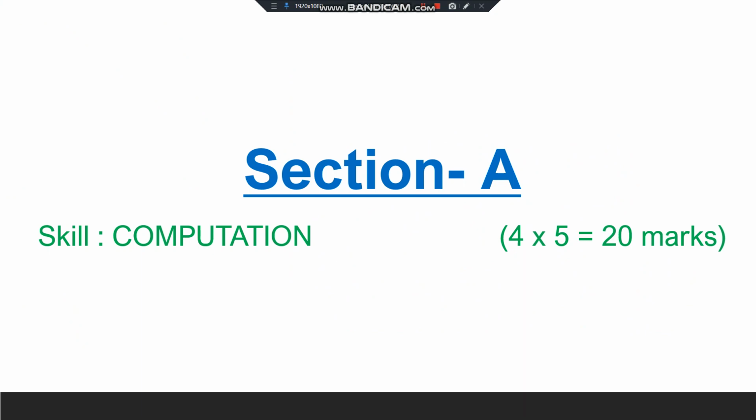Section A consisted of computational skill based questions, and there were 5 questions in all in section A, and each question carried 4 marks. So let's start with the discussion of the paper.